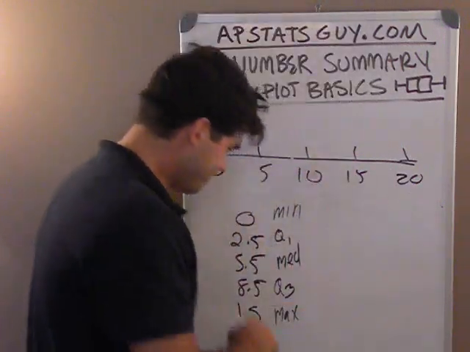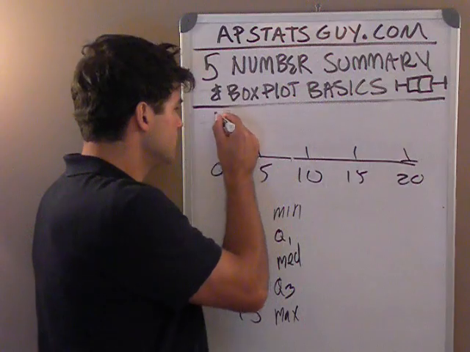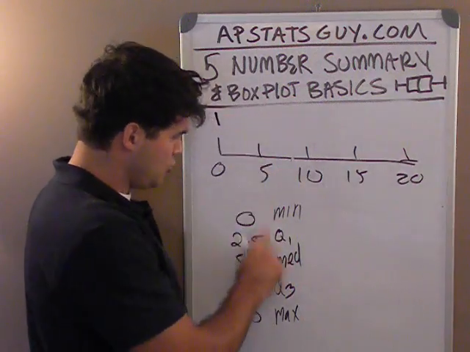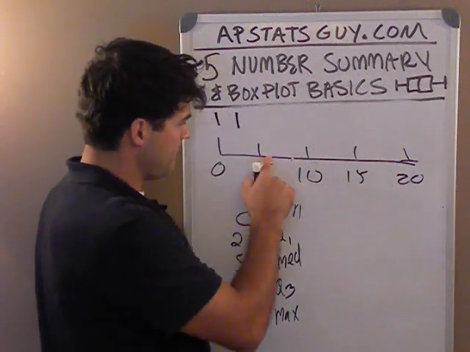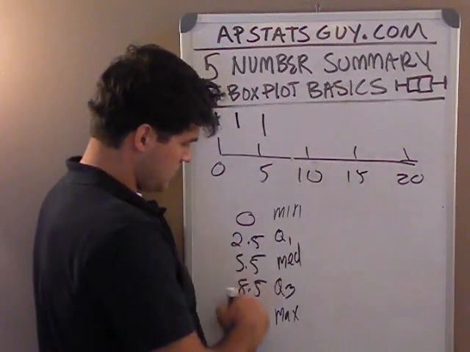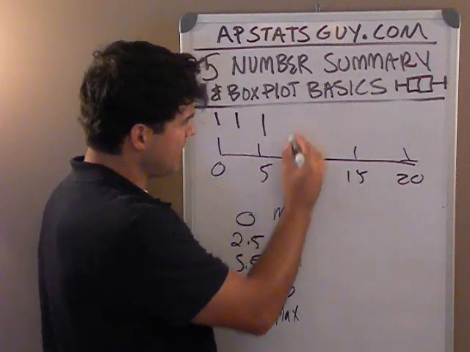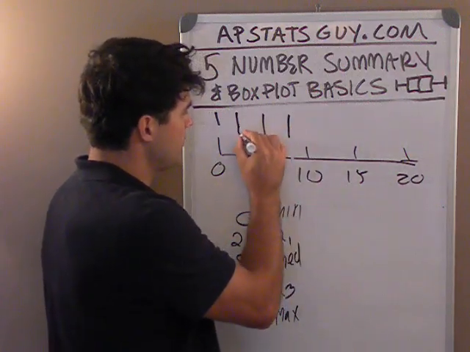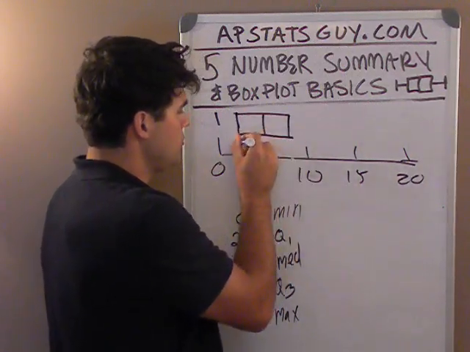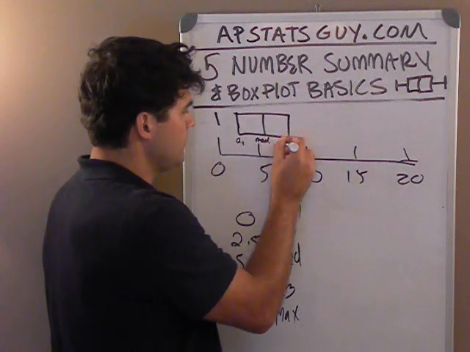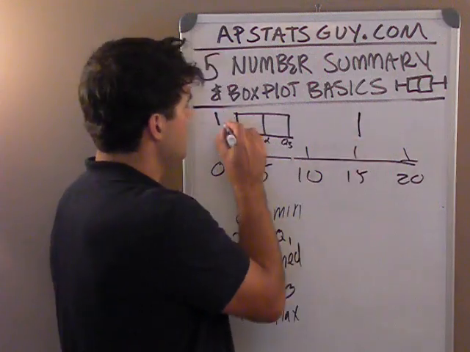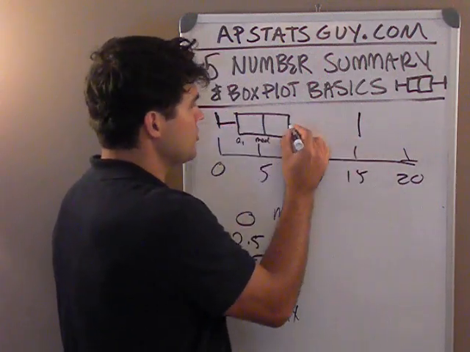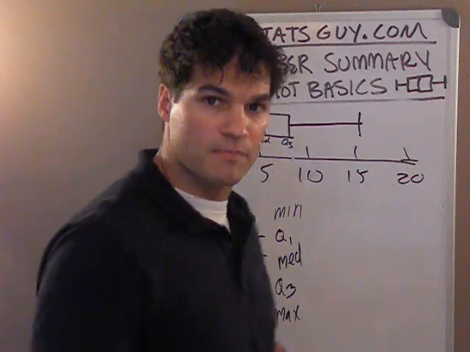Watch. 0, 2.5, 5.5, 8.5. I go to about 8.5. Middle 3. That's my Q1, median, Q3. 15. Here we go. Beep, whisper, beep, whisker. And there's my box and whisker plot.